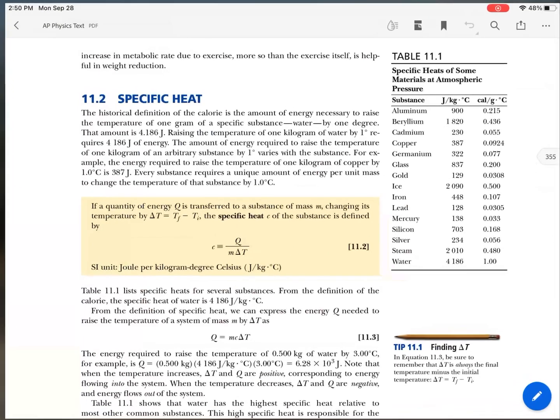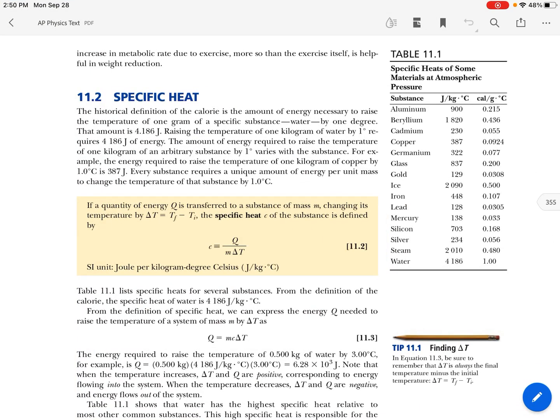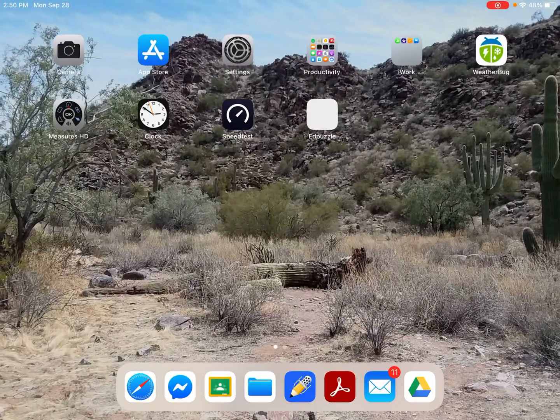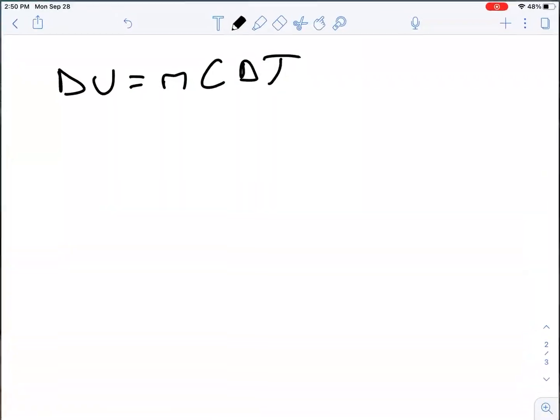So if we go to our book to table 11.1 on page 355, you will see, for example, that water has a specific heat at the bottom of this table of 4,186. 4,186 is a huge number. Gold, you will see, has a specific heat of 129. So if I put 10 joules of energy into water and 10 joules of energy into gold, they will not experience the exact same change in temperature. Okay? So materials dependent.